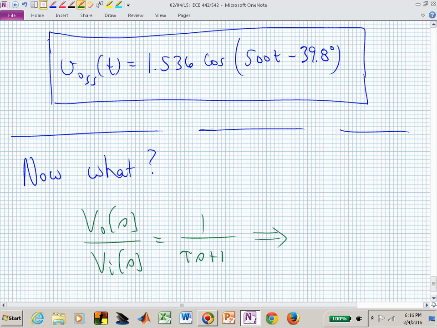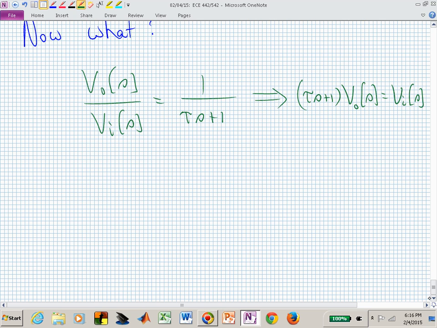We can cross multiply and have tau s plus 1 times V sub 0 of s equaling V sub i of s. Can you now give me a differential relationship between the input voltage and the output voltage in the time domain from that expression?